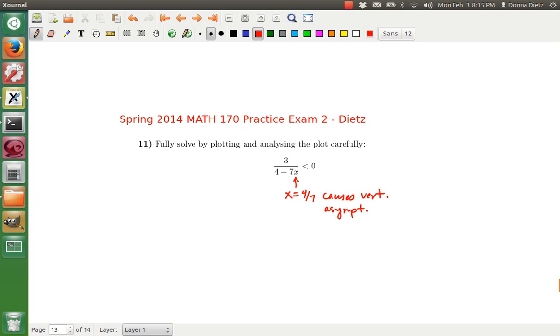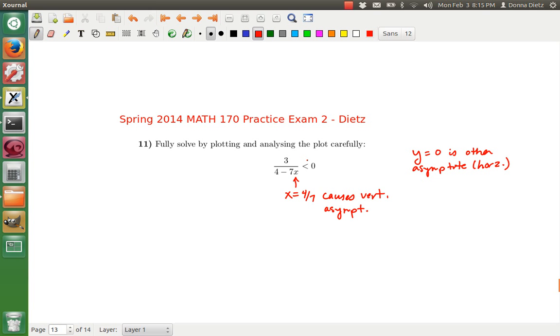So the other asymptote is y equals 0. In other words, it's the horizontal asymptote. And why is that? Because the denominator can become positive infinity or negative infinity, and 1/infinity is 0, or 3/infinity is still 0.